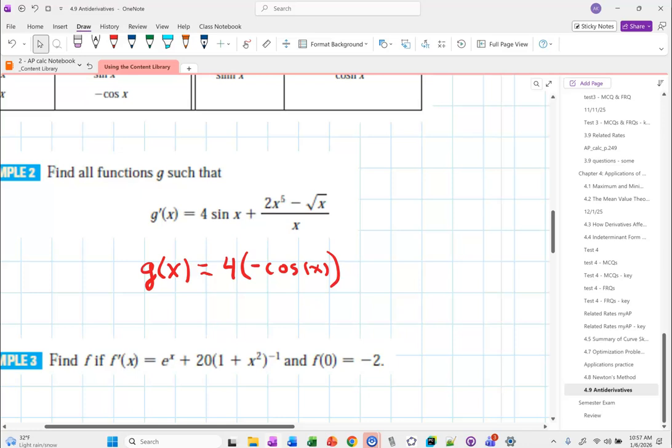So far, so good. What in the heck am I going to do with this stupid thing here? Oh, no. Simplify it first. Who said that? That's a great idea. How would I simplify that first?